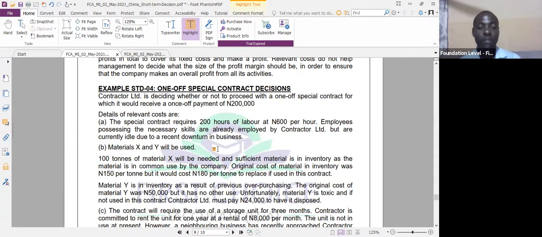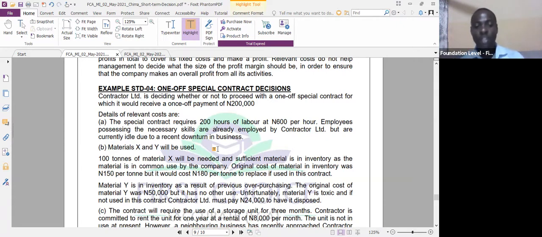Okay, so now they said 100 tons is what is required for the contract. You need to ask yourself the next question. Do we have it? If we don't have it, we are going to go and buy it. If we have it, we are going to use it. So we have it, and we have sufficient. So we don't need to go and buy again.